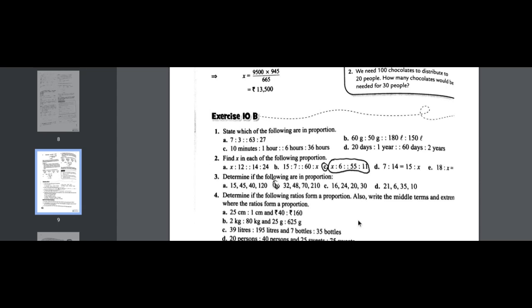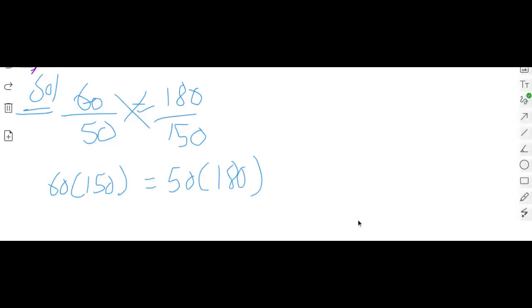6 multiplied by 150. Now I'm just removing the 0, but here you are multiplying, so you don't have to remove that. 60 will be multiplied by 150.